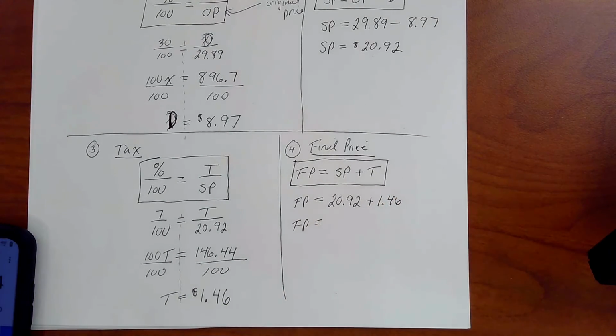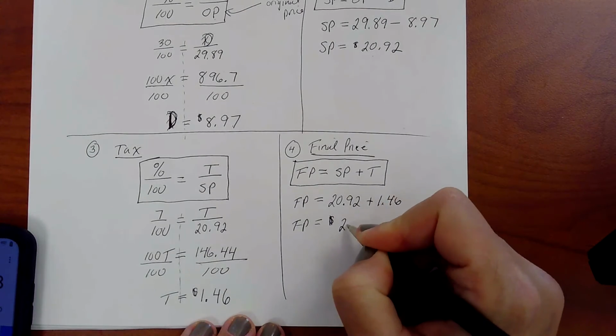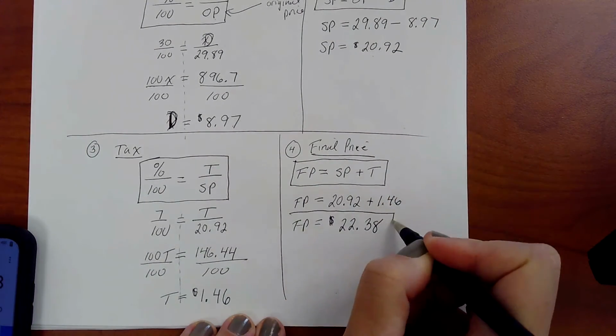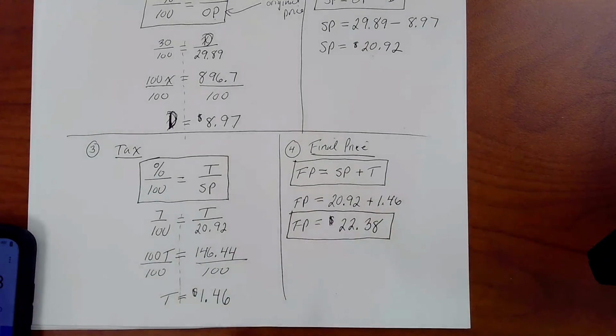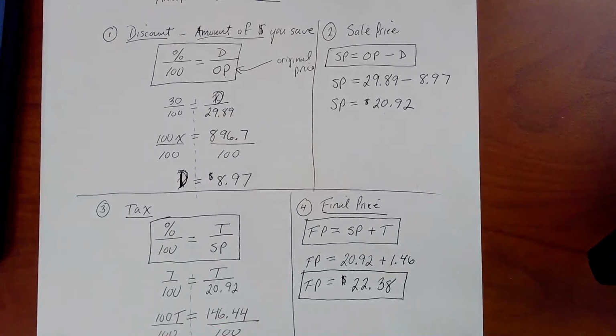Okay, let's type that in. $20.92 plus $1.46. And I'm getting our final price is $22.38.